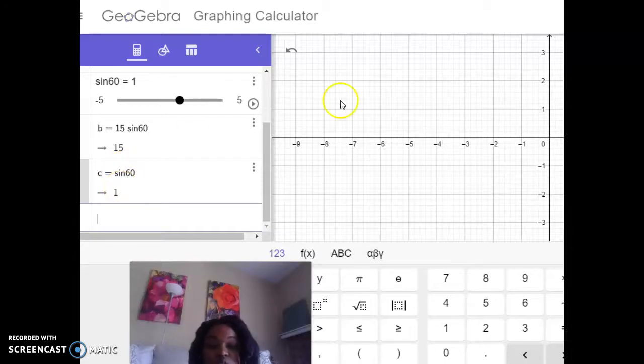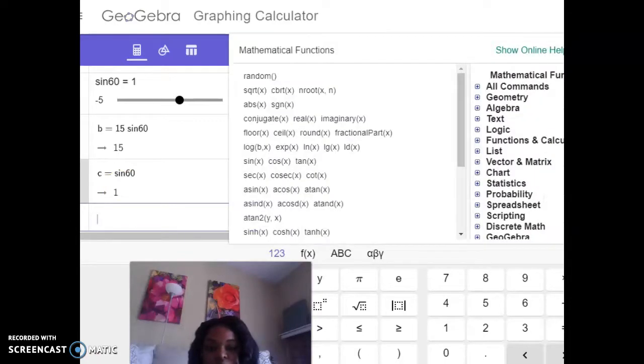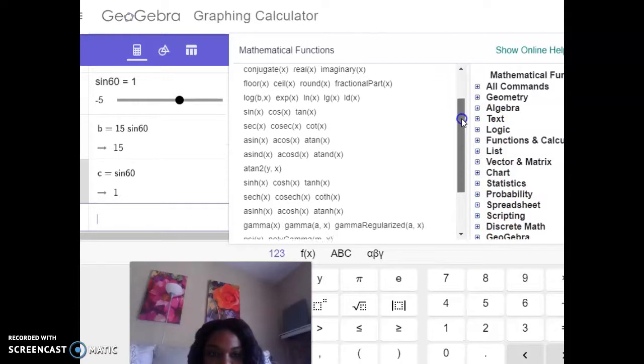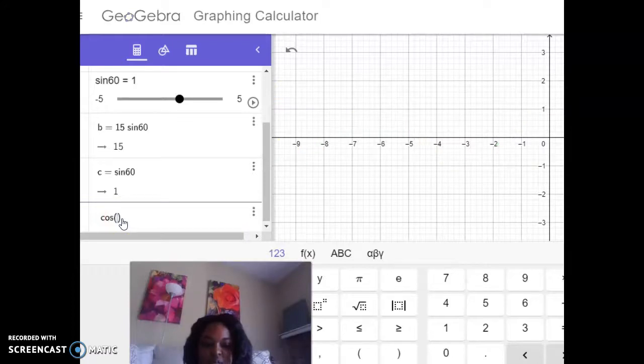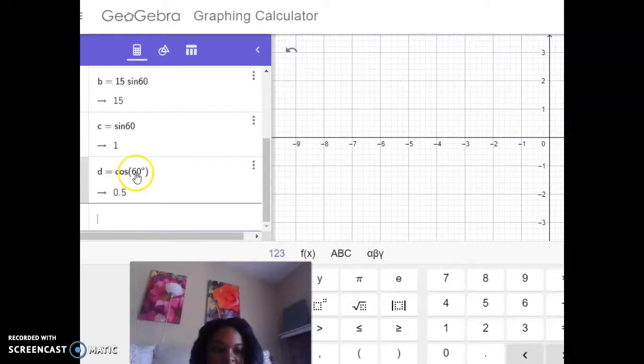So in order to get that correctly here, there's a window that you can open here that allows you to go through trig. So you can find the mathematical functions section here to open it up, and you can go to cosine, and then you can type in the 60 degrees. And if it's in degrees, it'll give you the little open circle in the top right corner.